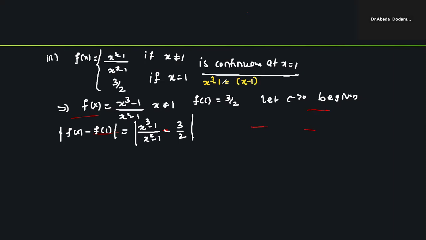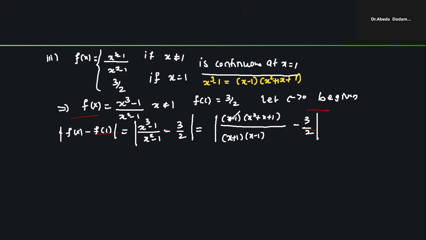Here a is x and b is 1, so ab is x into 1, which is simply x. So I'll write this as (x minus 1) into (x square plus x plus 1) divided by a square minus b square, which we can write as (x plus 1) into (x minus 1). And this is minus 3 by 2.